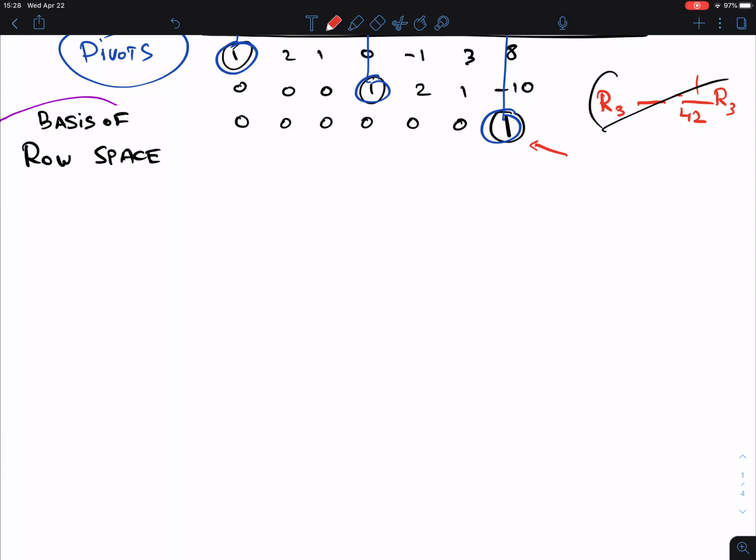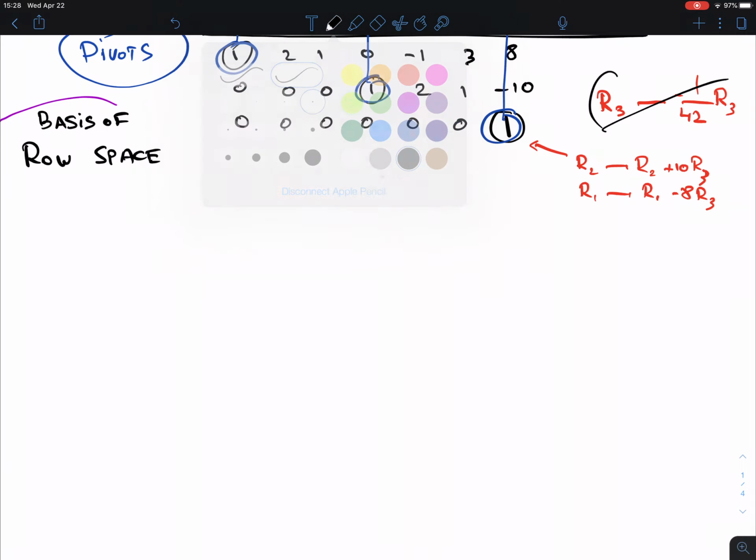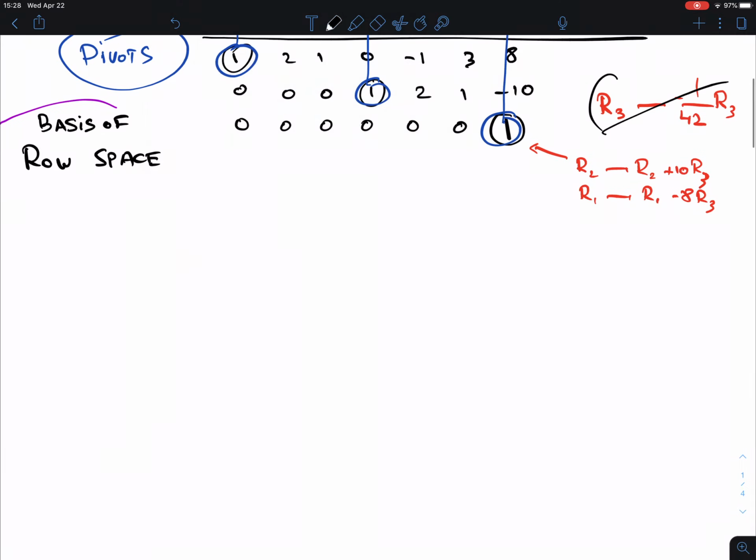The row operations that I have in mind are using this one: row 2 plus 10 times row 3, and row 1 minus 8 times row 3. Let's do the bottom one first. It's very simple: 1, 2, 1, 0, negative 1, 3.